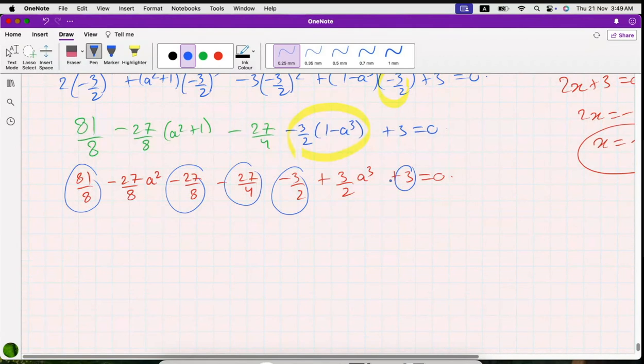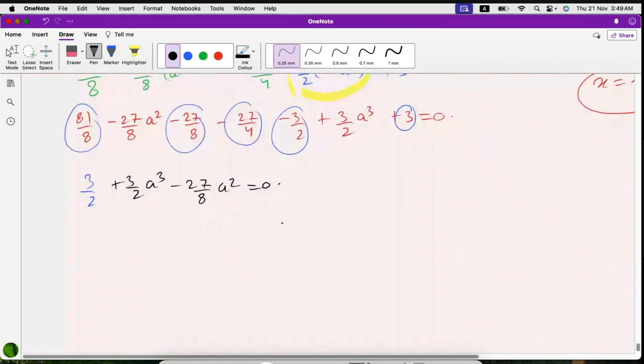So 81 by 8 minus 27 by 8 minus 27 by 4 minus 3 by 2 plus 3 is 3 by 2. Now I have a square and nothing else. a cube is 3 by 2 a cube minus 27 by 8 a square is equal to 0.